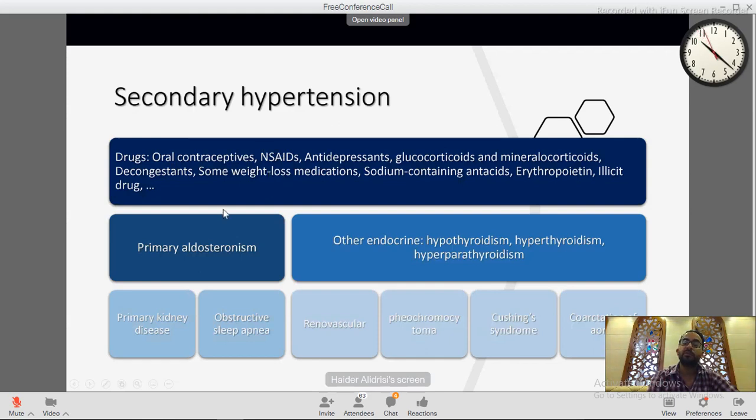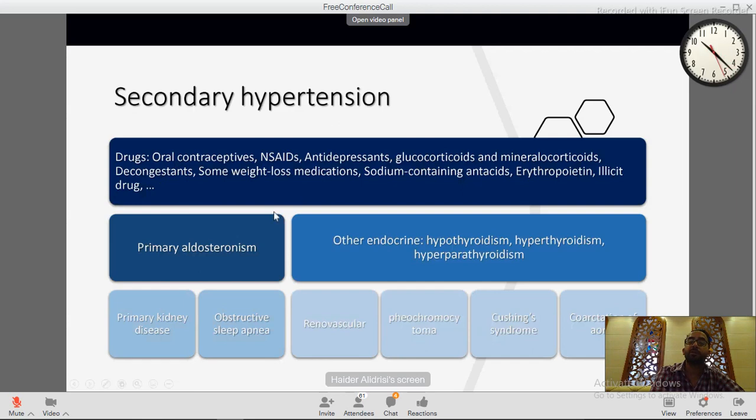Non-steroid anti-inflammatory drugs, especially the strongest ones like diclofenac sodium, for example indomethacin, are associated with increased blood pressure. Many antidepressants, corticoids like dexamethasone and hydrocortisone, mineralocorticoids like fludrocortisone, decongestants used for rhinitis, especially those containing phenylephrine.